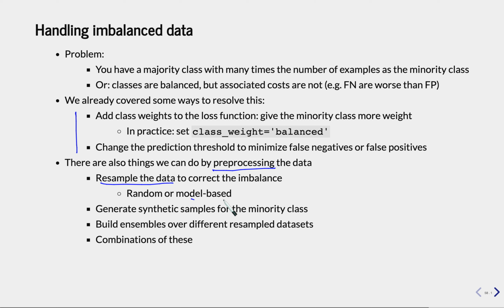Or we can use some model-based techniques that tell us which samples to remove or which samples to add. We can also add synthetic samples, so we create new training points in our data set for the minority class. And finally, we can build ensembles in which each individual model, for instance each individual tree, is balanced. And then we can also use combinations of all these.